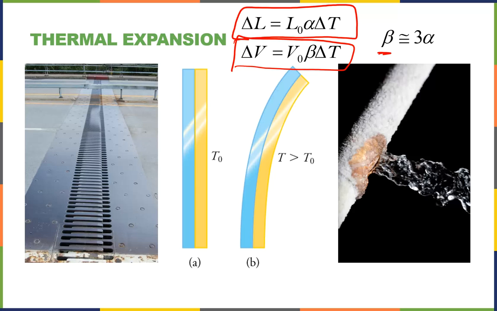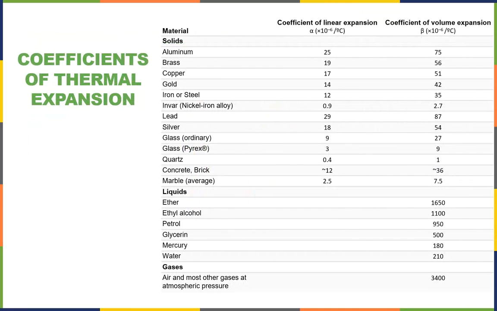So when something heats up, it expands. We saw that phenomenologically. Now we're going to do a calculation. I'm going to have you do the calculation. Here are coefficients, and I'm going to write these numbers down that I circled. For gasoline, the coefficient of volumetric expansion is 950 times 10 to the minus 6th per degree Celsius.